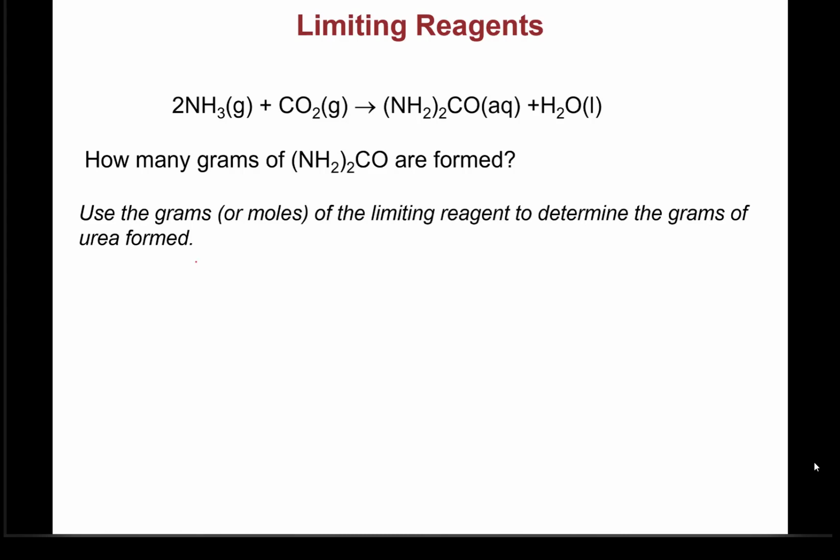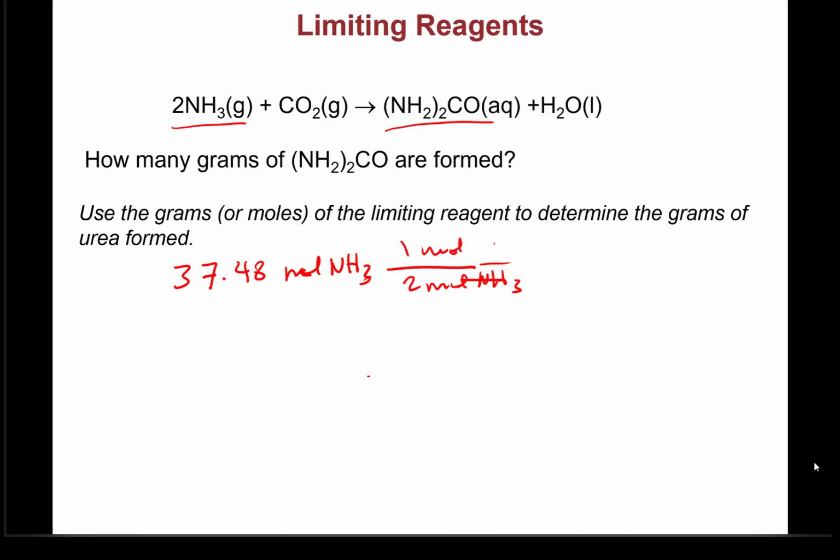So we'll take the moles of ammonia and then convert them to the moles of urea that will form using the mole to mole ratio from the equation. 2 moles of ammonia would form only 1 mole of urea. So the ratio is 2 moles ammonia forming 1 mole urea. So the number of moles of urea that will form is going to be 18.74 moles of urea.